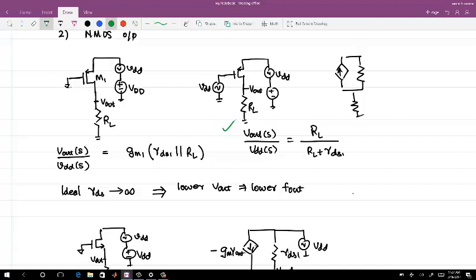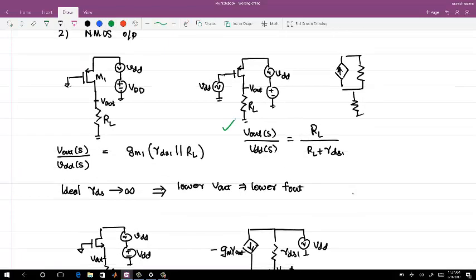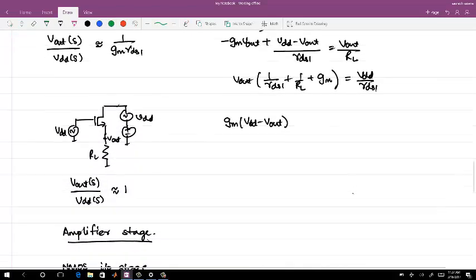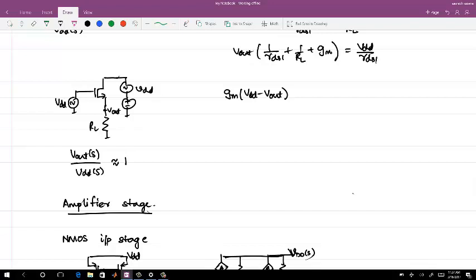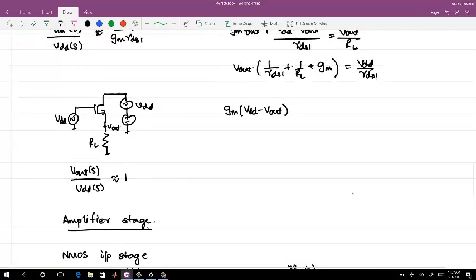right? So either you consider, if you are using an input amplifier, then your gate is tightly getting coupled to VDD. So you consider either this case or this case, an input, and the gain is 1.